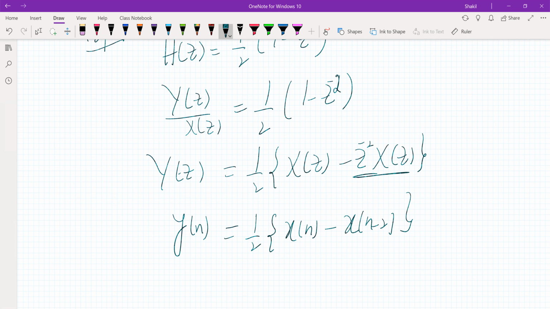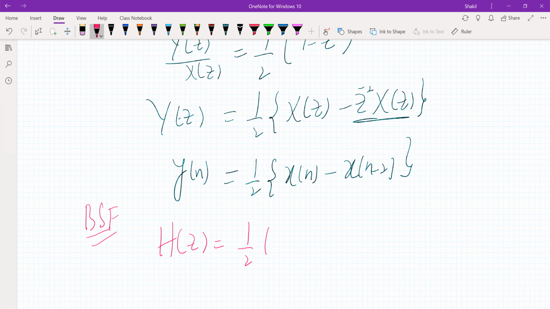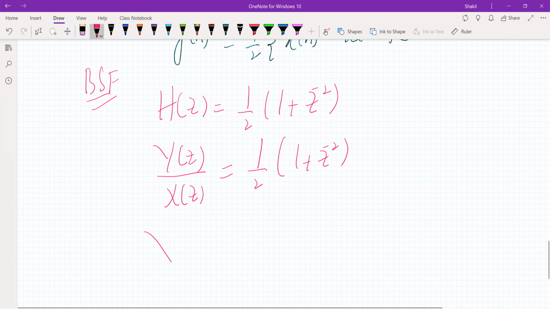What I'm doing here is using the shifting property of the z transform. Same way, for the band stop filter, which is given by h of z is equal to 1 by 2, 1 plus z to the power minus 2, we have y of z by x of z is 1 by 2, 1 plus z to the power minus 2.